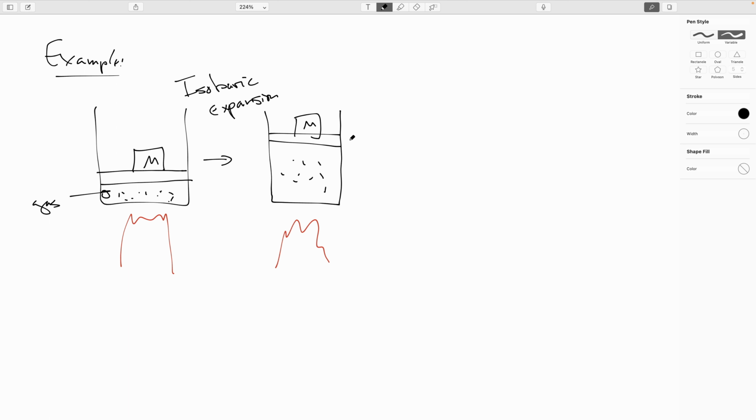Then in the next step, we'll turn off the heat. And at the same time we turn off the heat, we'll stick in a locking pin. And we will remove our lifted mass, like so.